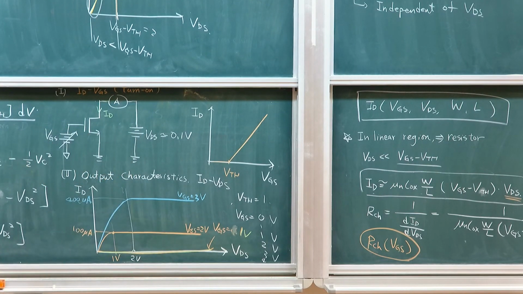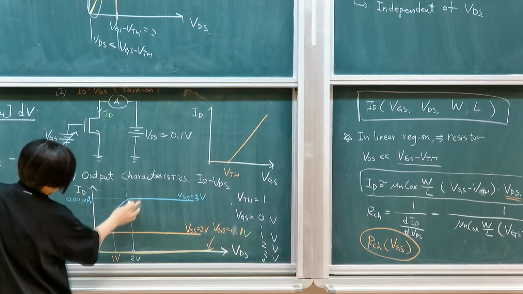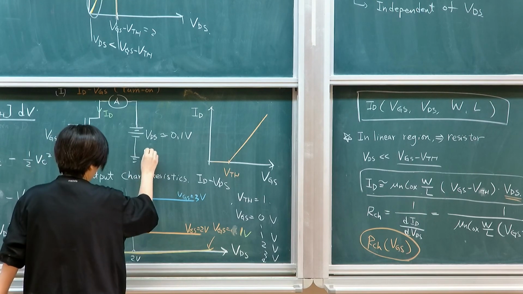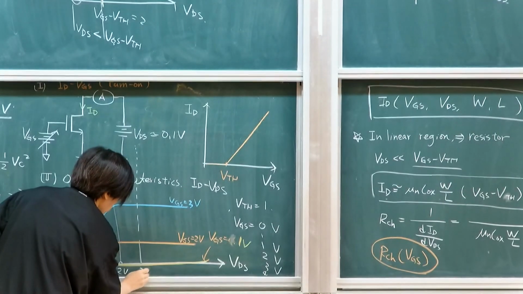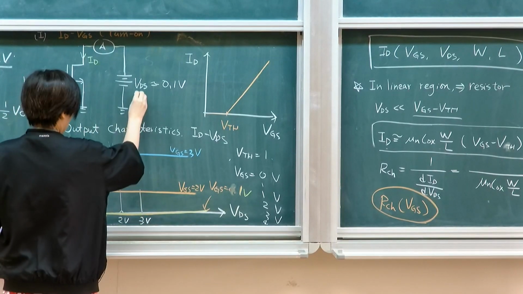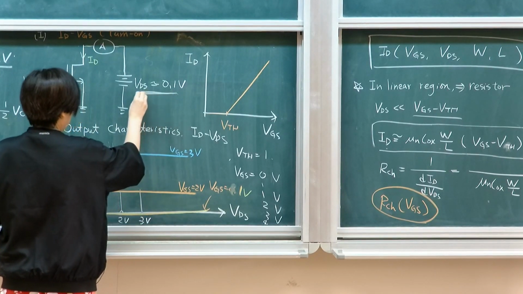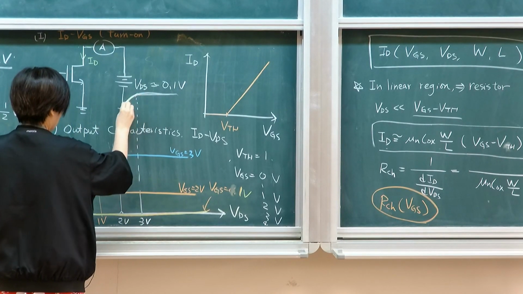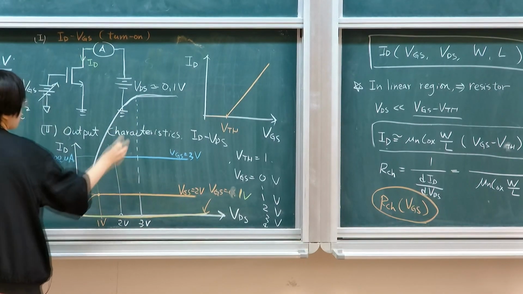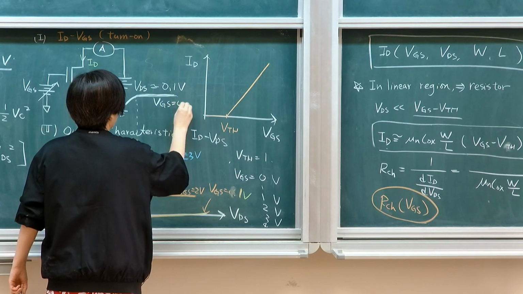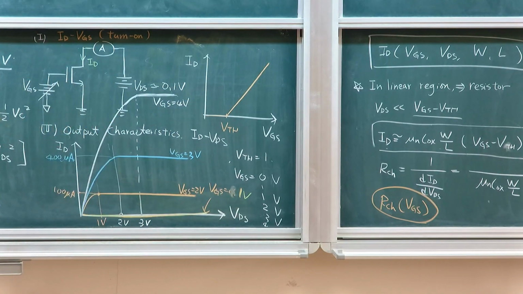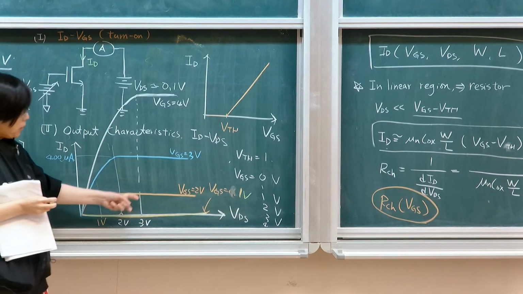Where do you expect 4 volt to be? 900, correct. So it will be something like this. I don't know where my 900 is, somewhere here. My turning point will be 3 volt. And then, to be in proportion, it will be something like this. So this will be my VGS.